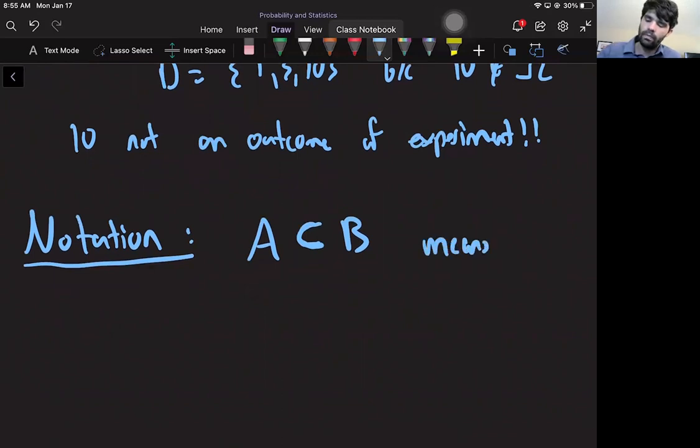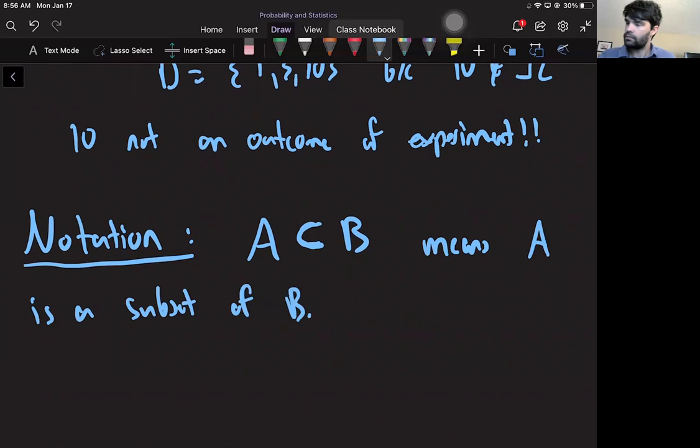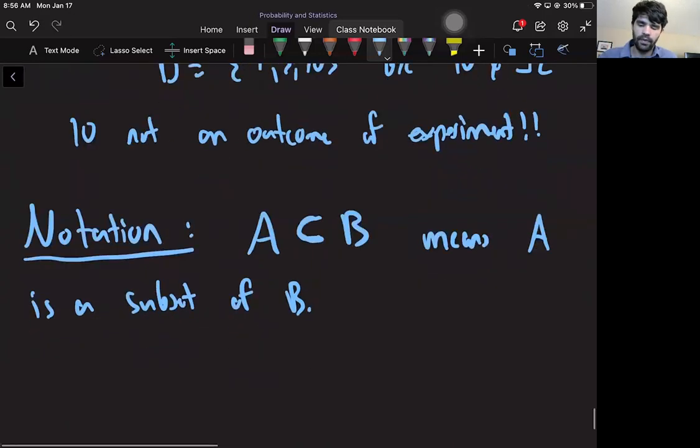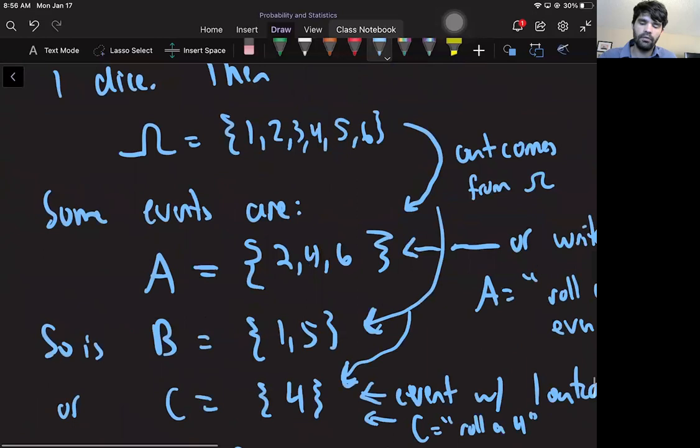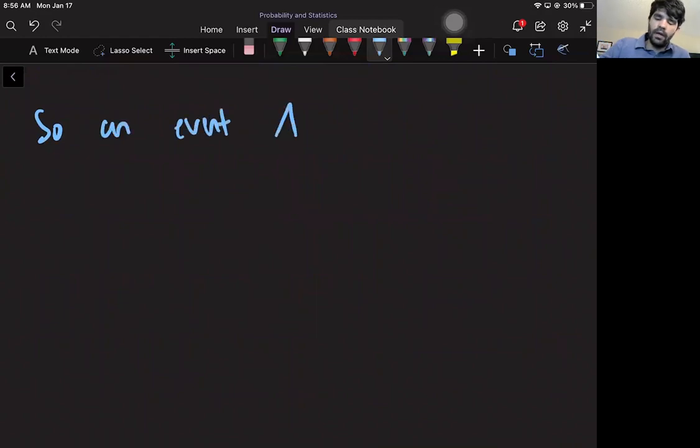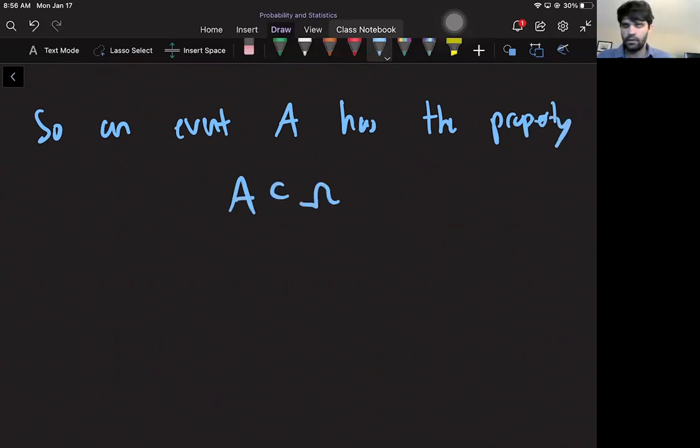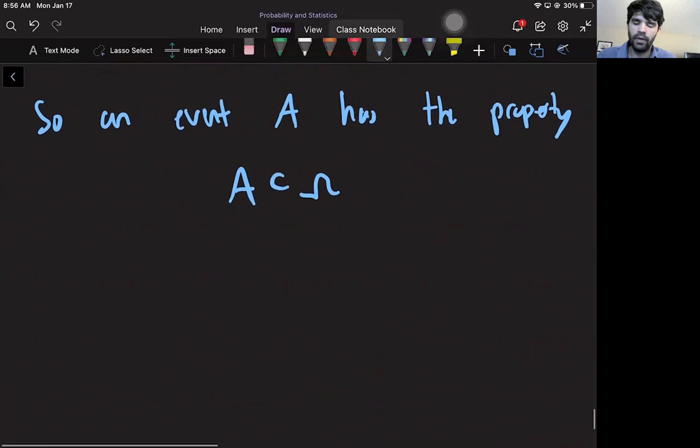And this means A is a subset of B. So to think about our definition of events, let's do it down here actually. An event A has the property that A is a subset of omega. So if you write this, then you can say A is an event.